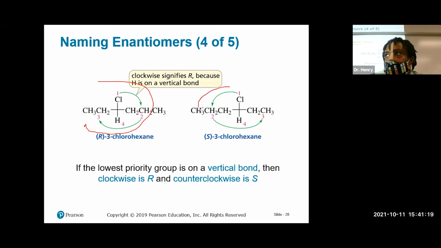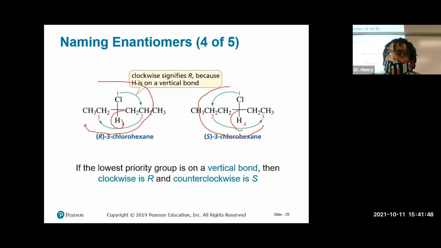And this guy is counterclockwise. So in other words, that fourth position, this guy here, is bypassed in this structure, right? So you're going 1, 2, and then you go to the third one, right? Because it's the third priority. Yeah. Yep.